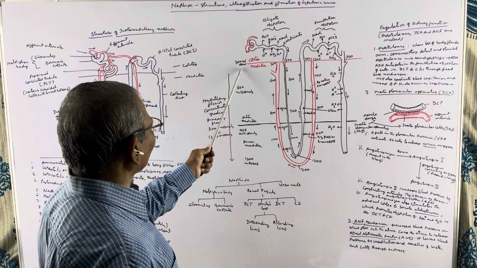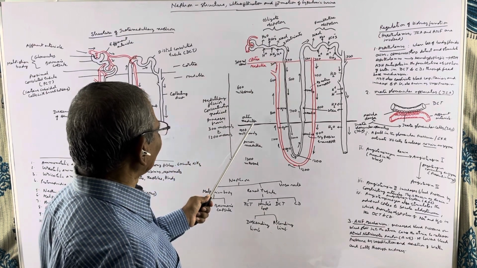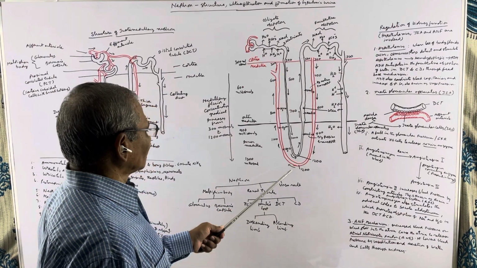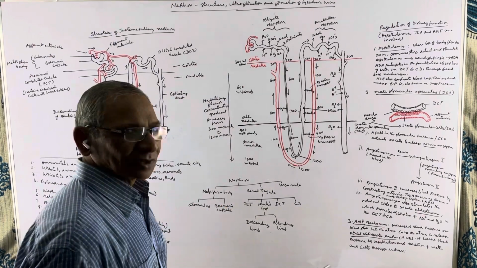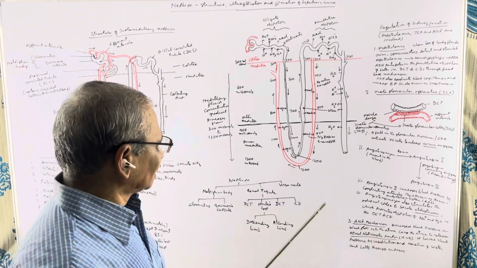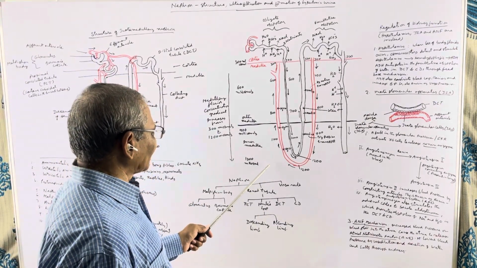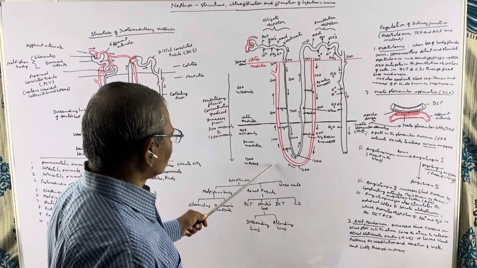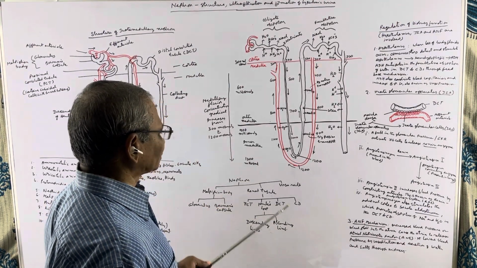See, here it is only 300, then 600, 900, 1200. By the time the fluid reaches the hairpin bend of Henle's loop, the osmolarity of the medullary fluid reaches 1200 milliosmoles.